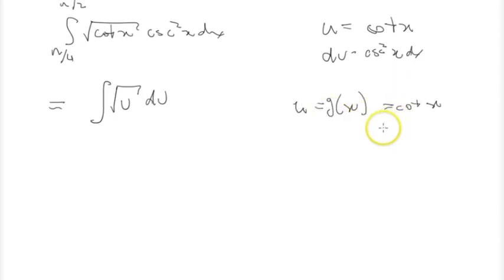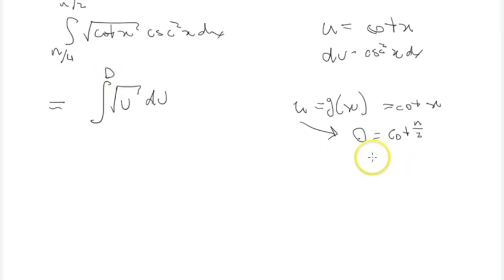So cotangent of pi over 2 is equal to 0. So that means that the u for that limit is going to be 0. So you can write a 0 up there.